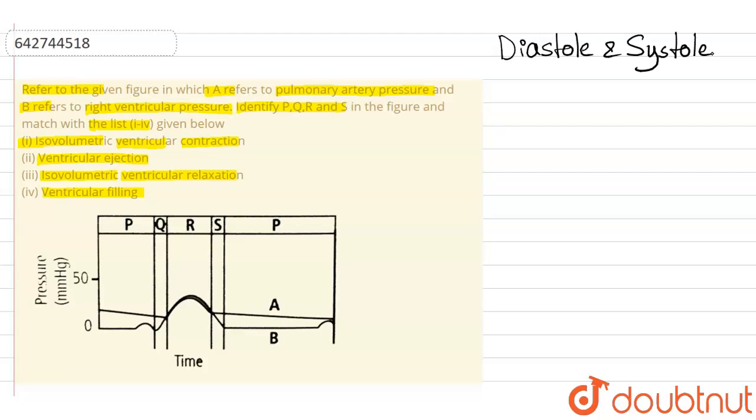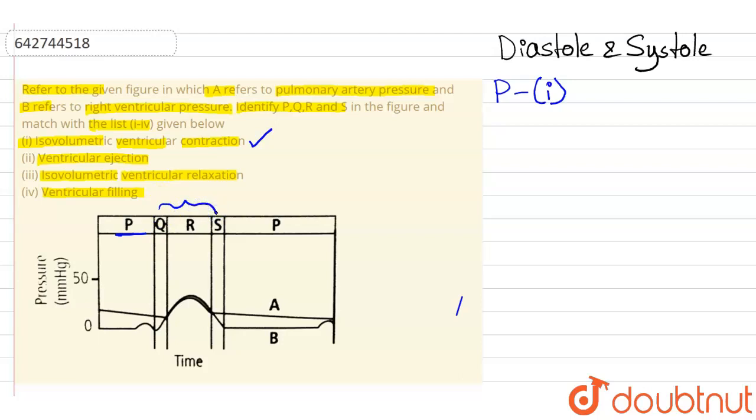Firstly, the isovolumetric ventricular contraction. So here the P denoted here represents the isovolumetric ventricular contraction. P is option 1. So this phase marks the beginning of systole and starts with the appearance of the QRS complex.